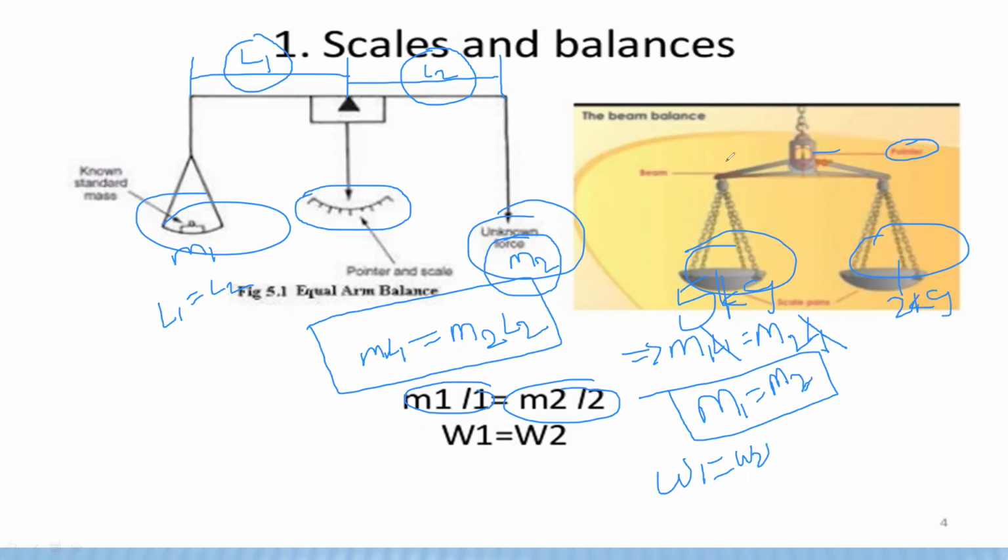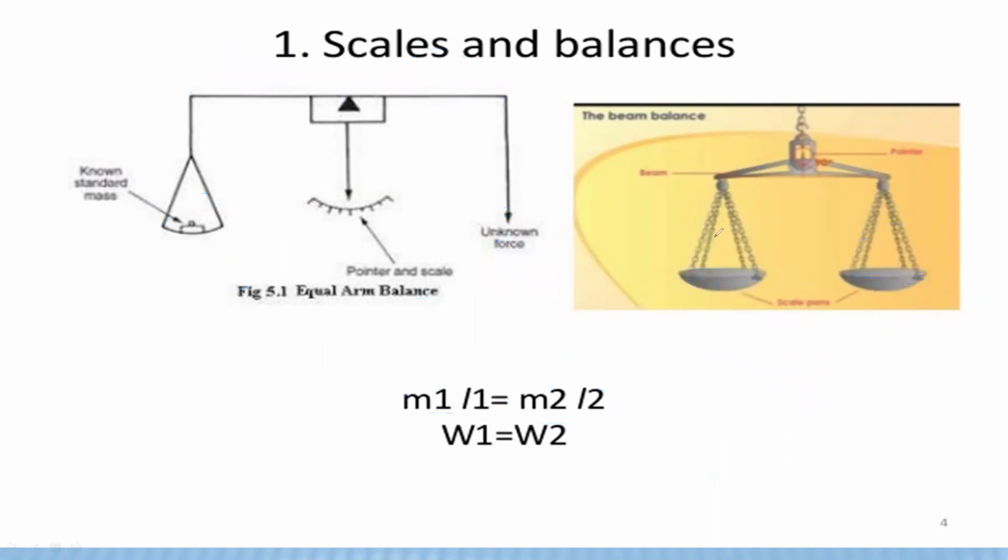So the length L1 should be increased. The length L1 is increased because it has high weight. Or I don't know the amount of weight. It is 2 kg or 3 kg or 10 kg, I don't know. Whenever there is the highest amount of weight, the length is increased. You can add 5 kg on this left side, and on the right side you also add 5 kg.